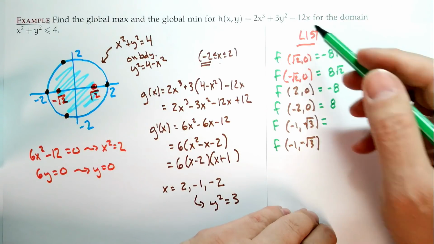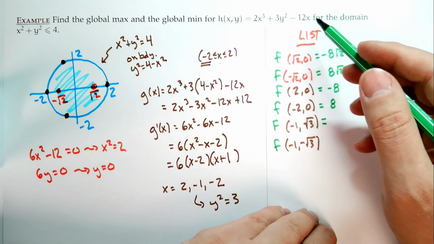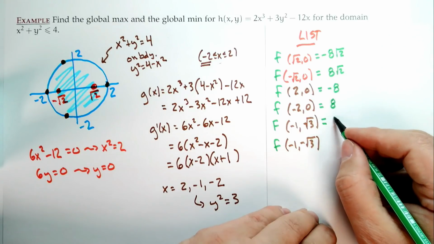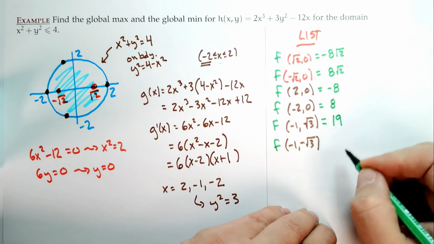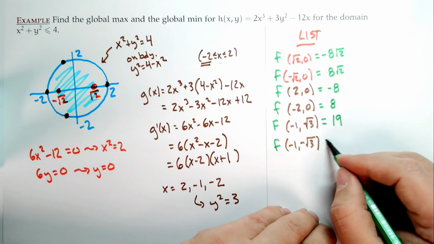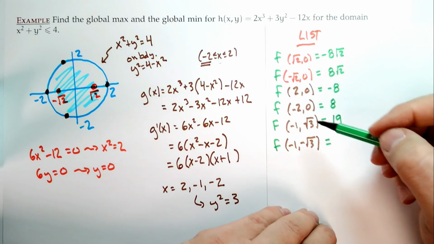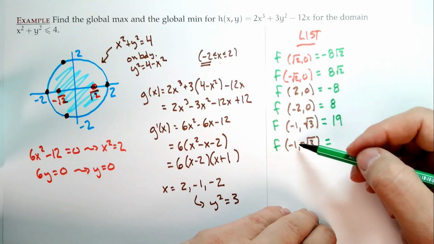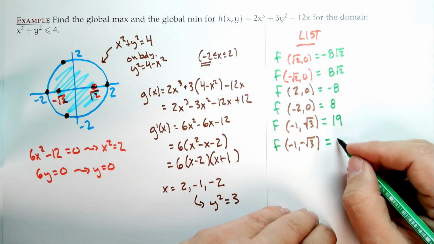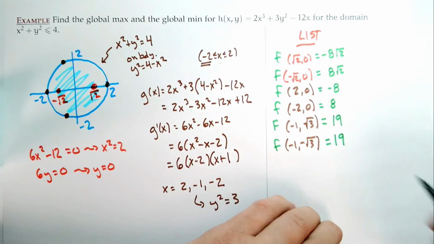Then we subtract 12 times negative 1, which is really plus 12. 7 and 12 together make 19. The x is the same, and the y, even though it's negative, we square it, so it doesn't make a difference. We still get 19.